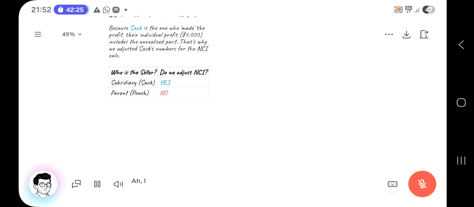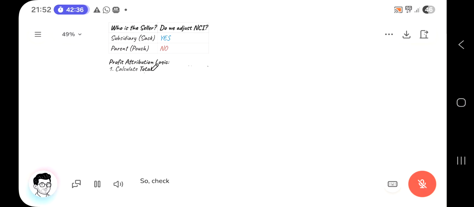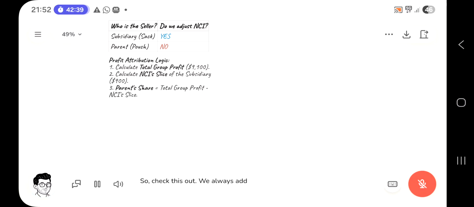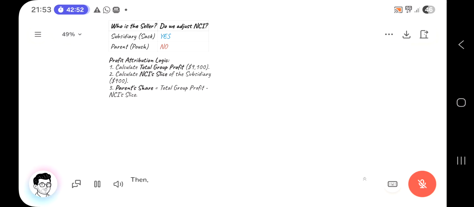Ah, I see what you're getting at. You're talking about how we find that final owners of the parent number versus the NCI number. So, check this out. We always add the parent and the subsidiary together to get the big group total first. That's the 9,100. Then we figure out what the NCI share of the subsidiary is.